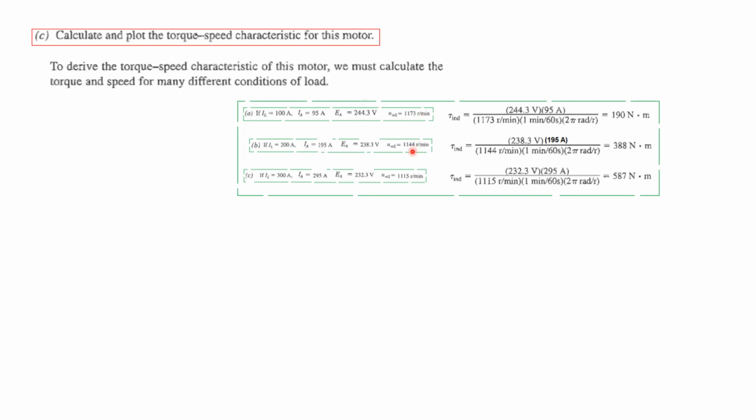We had found out these speeds, and then we had calculated the induced torque, and then we plotted the torque on one side and speed on the other side. So for many different loads, we have to calculate these parameters.